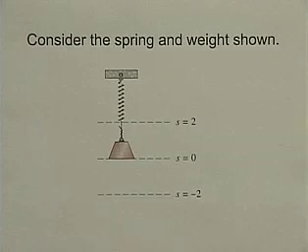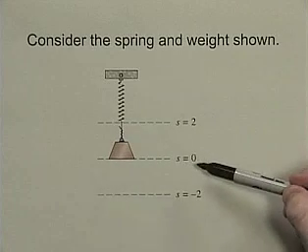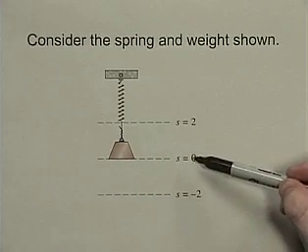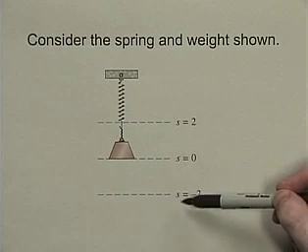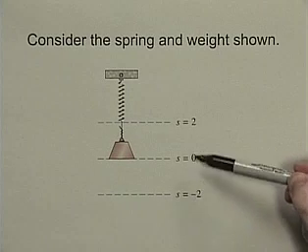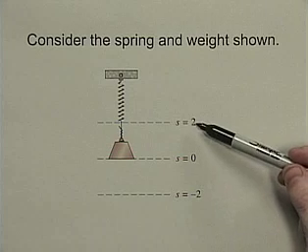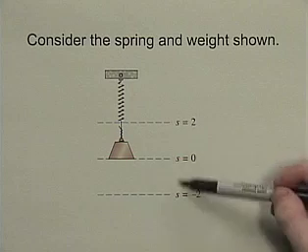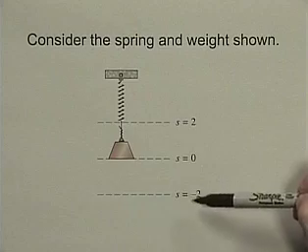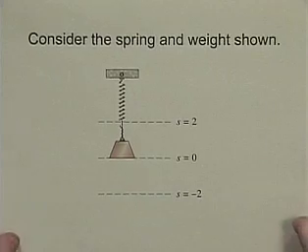So let's try an example problem like this. Consider the spring and weight shown here. Here's the weight. It naturally rests at s equals 0. But sometimes you pull it down to s equals -2, and sometimes you pull it up to s equals 2, and then you let it go, and it bounces back and forth between 2 and -2.